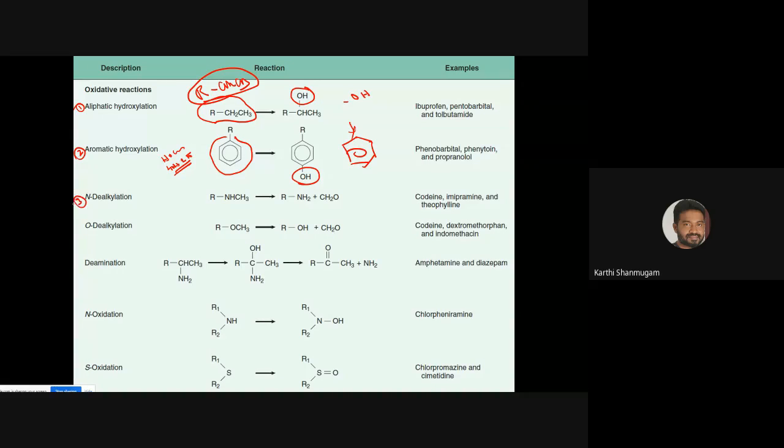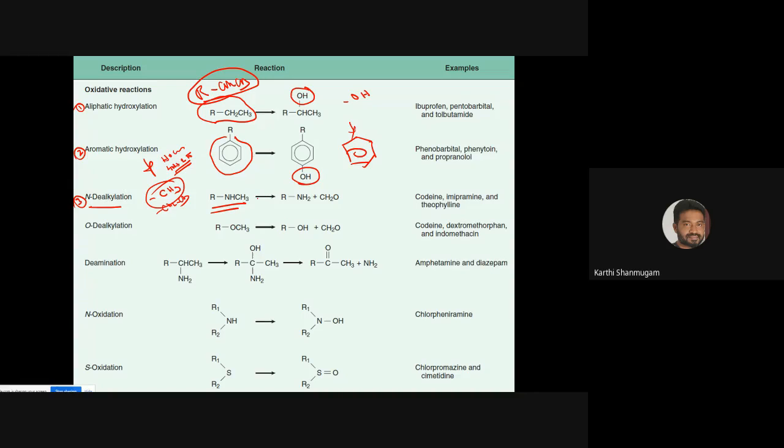And the third reaction is N-dealkylation. Alkyl groups are CH3, CH2CH3; these are examples of alkyl groups. N-dealkylation means the removal of the CH3 group or CH2CH3, whatever it is. The parent compound is RNHCH3.